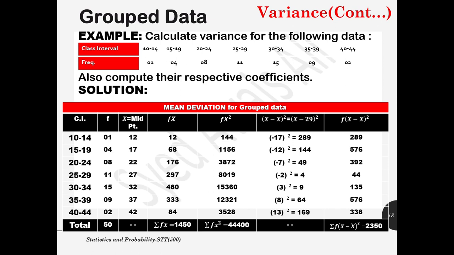So 12 minus 29 will be minus 17, and square will be 289. Then we have to multiply this column with f, that means 289 into 1, 144 into 4, 49 into 8, 4 into 11, 15 into 9, 64 into 9, 2 into 169, that will give all these values, and then you have to find the sum of f times x minus x bar whole square, that is 2350.